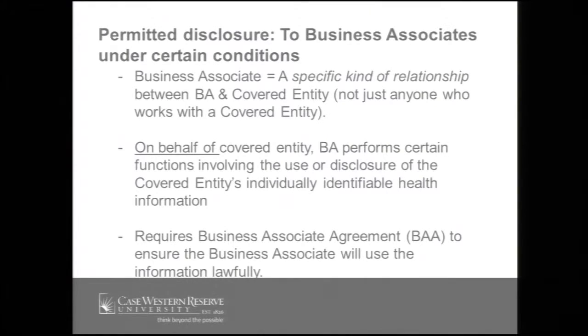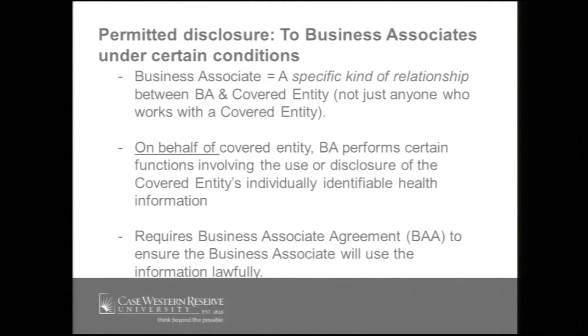You've probably noticed that HIPAA has a lot of terms that refer to very specific things, such as PHI and covered entity. Well, business associate is another one of those terms. When HIPAA refers to a business associate, it's not referring just to any other outside company or organization or person that the covered entity happens to be doing some kind of business with.